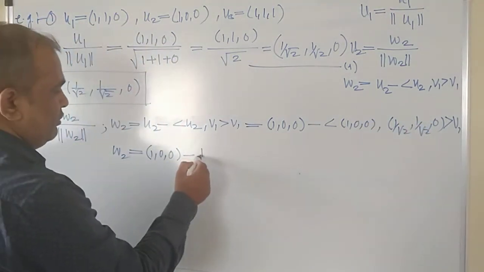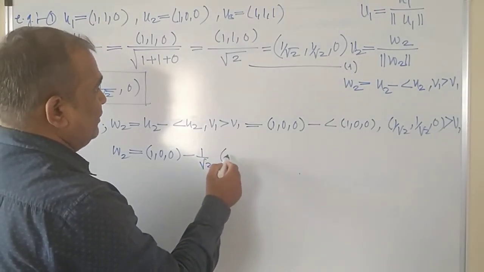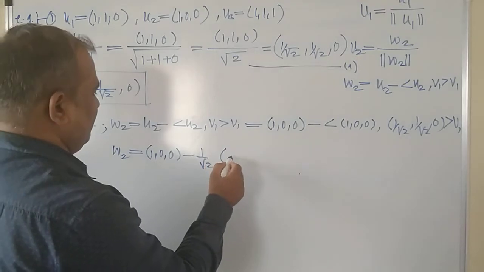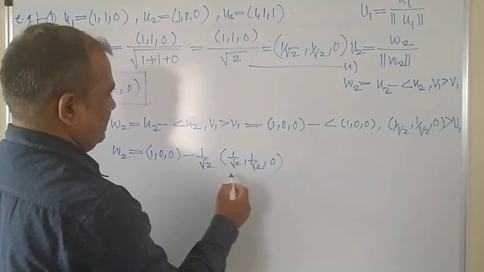So this gives 1 by root 2 only, and then the multiplication of this with v1.